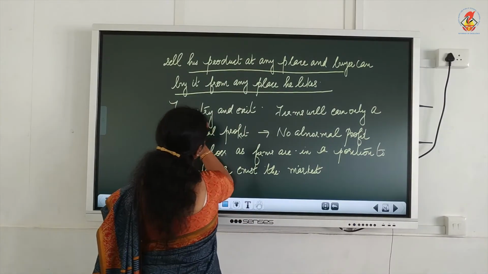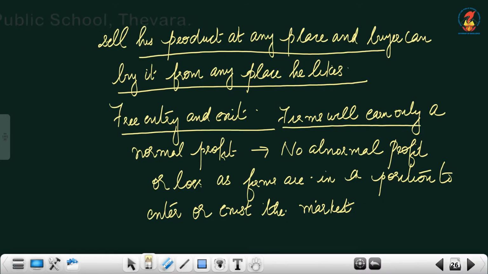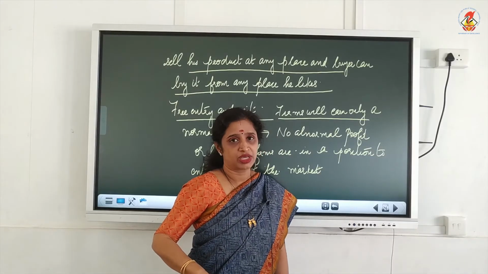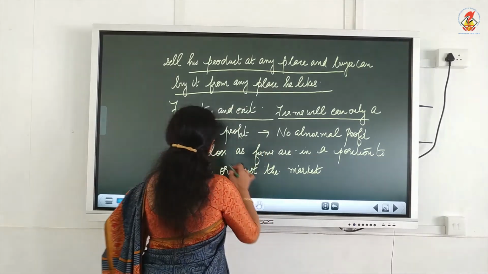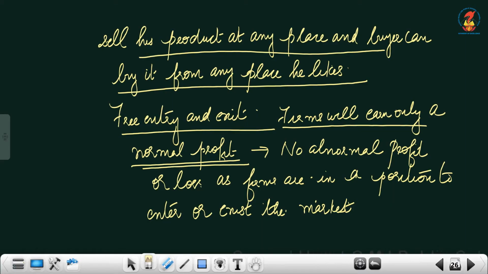Next is free entry and exit. All the firms who are buying the goods directly from the industry can either enter or exit the industry. That means they can either buy the product from the industry or they can exit from the market. So as there is free entry and exit, there always exists a normal profit. There is no abnormal profit and there is no loss also.